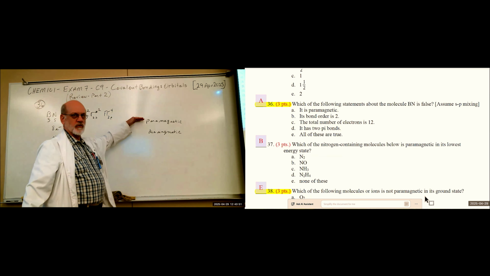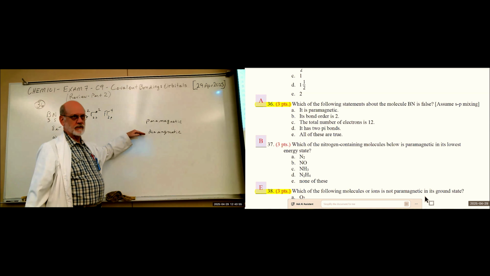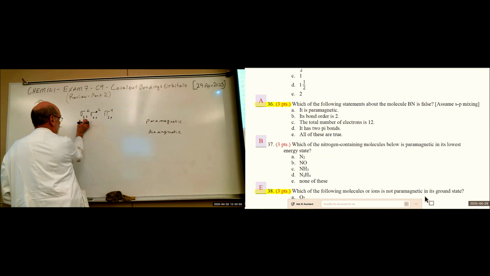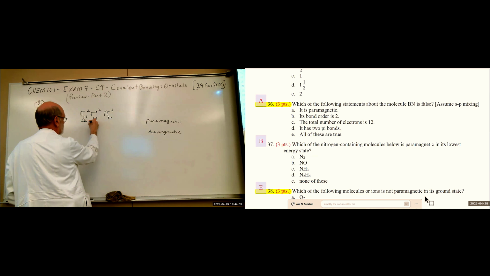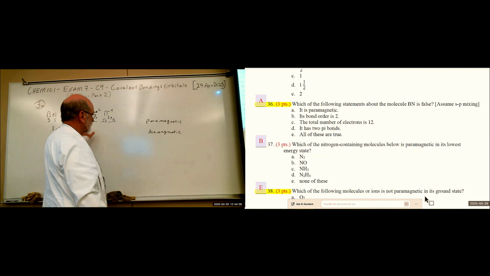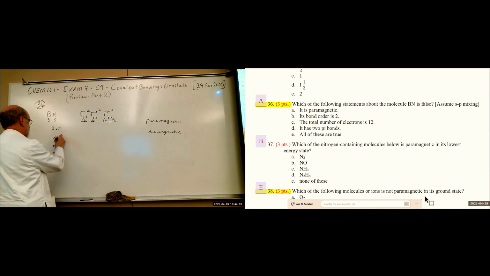So these are the ones that are drawn into the magnetic field. And dia means opposed to. So we've got paired electrons here. We've got paired electrons here. 2, 4. All paired. So this would be diamagnetic. That means A is false.